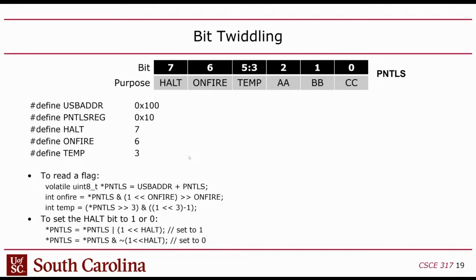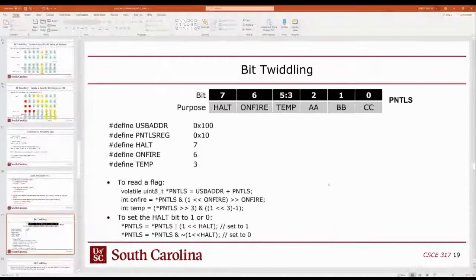So I dereference it, I load the old bit values, I shift 1 by halt to the left, which will position a 1 bit in the position of where halt is supposed to be, which is defined as 7, which is bit 7, and then I OR them together. And then likewise, if I want to set halt to 0, it's a similar process, except I have to negate the shifted value and then do an AND instead of an OR. So you can see it's sort of the opposite logically to set a 0.